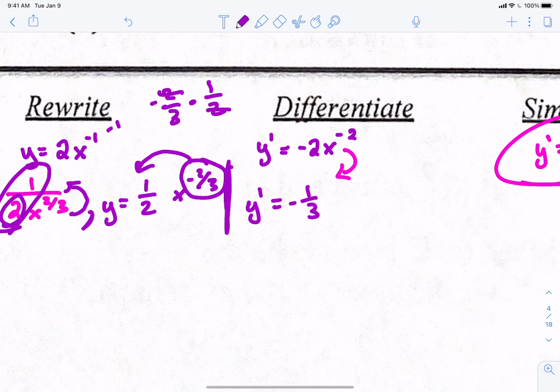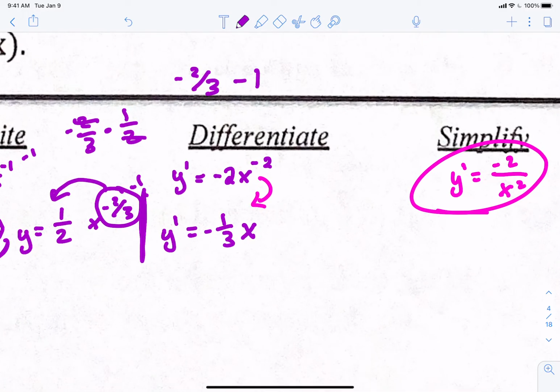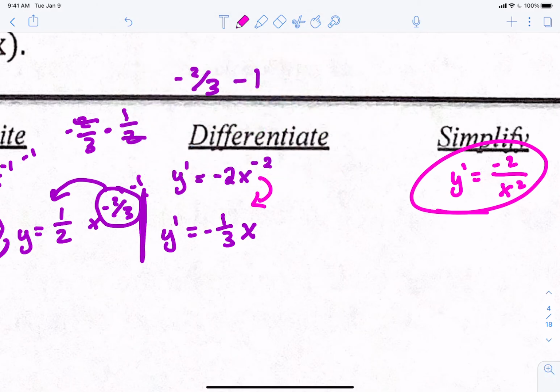Negative 1/3 x to the, if I subtract 1, I take negative 2/3 and subtract 1, that's negative 3/3, so negative 5/3. Leave it as an improper fraction.